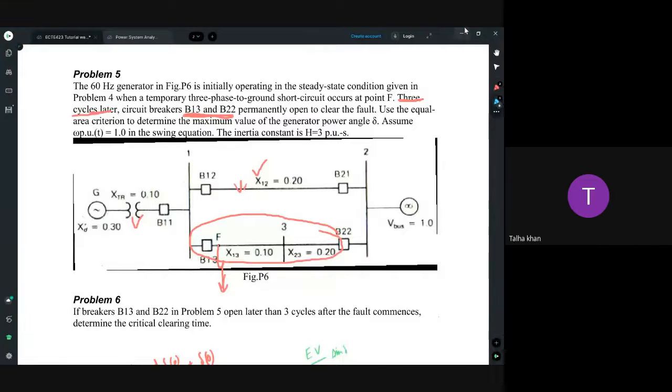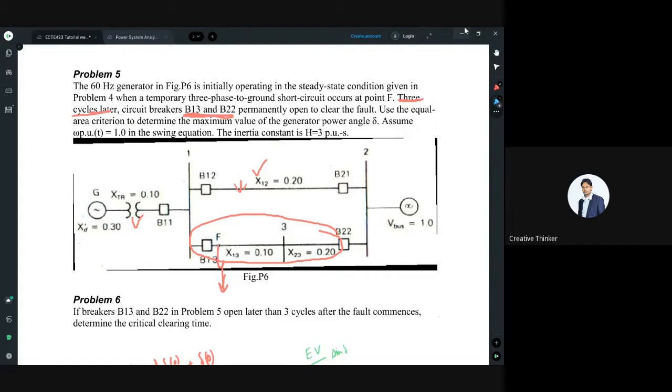One second. Now your voice is coming clear. Yes sir, your voice is clear.